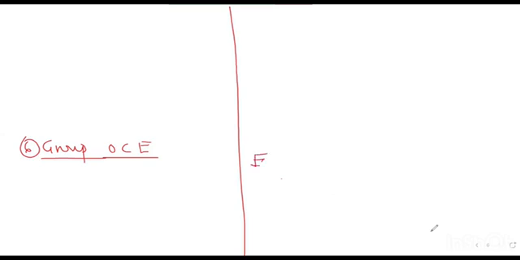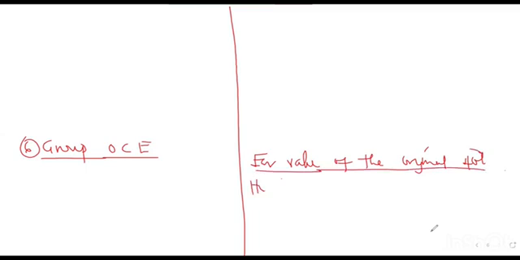Fair value of the original 40%. So we look at our holding. The holding will be 0.4 multiplied by 700. Then this answer multiplied by the share price at the date of acquisition.